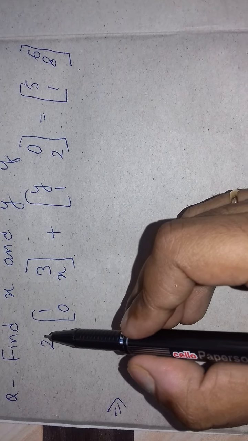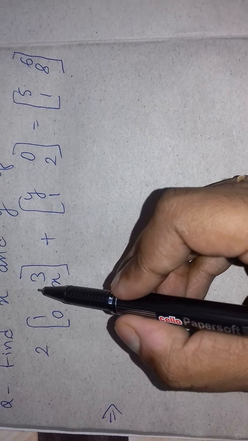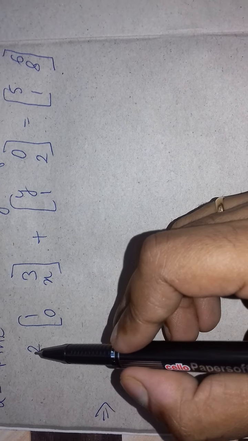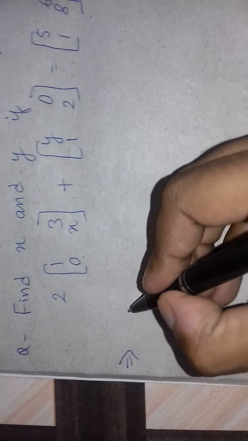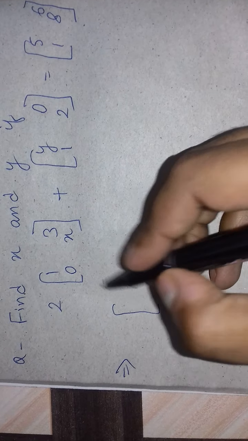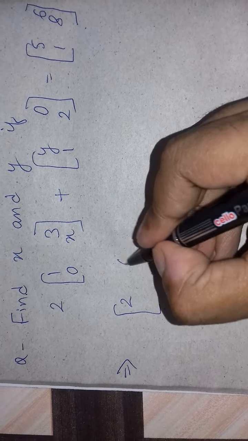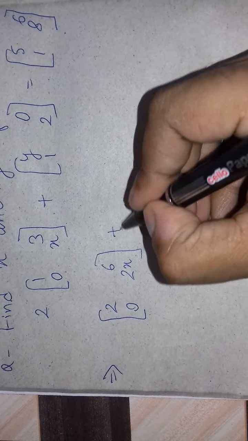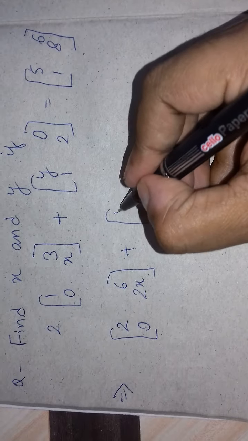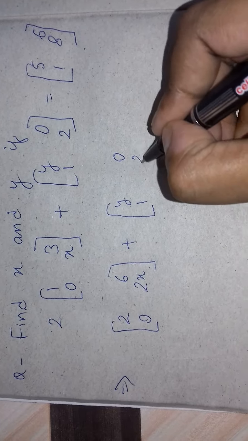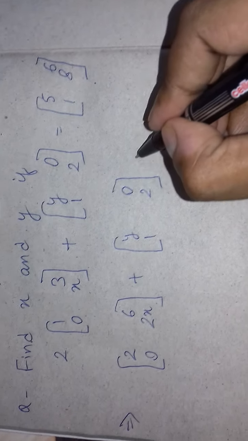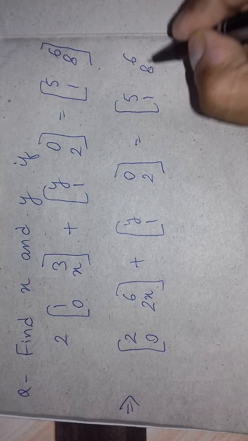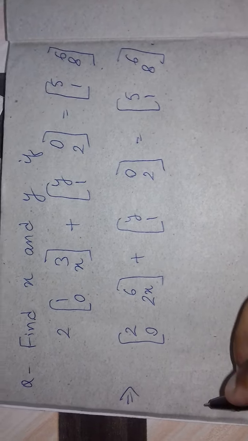So here this 2 is multiplied with this matrix, means it is the scalar multiplication. So first we will do our scalar multiplication, that is we will multiply it with 2, the 2, 6, 0 and this is 2x plus y 0, 1, 2 is equal to 5, 6, 1 and 8.